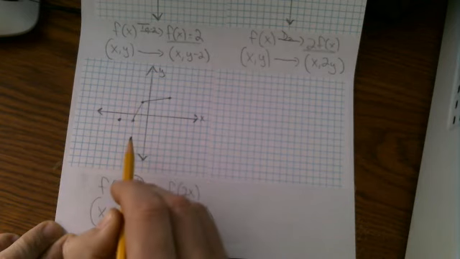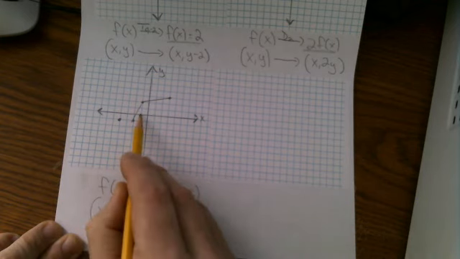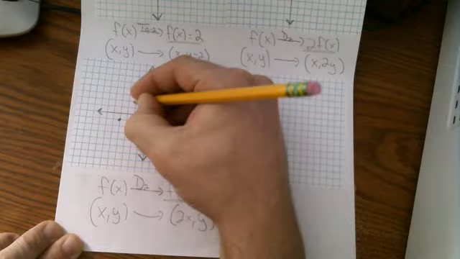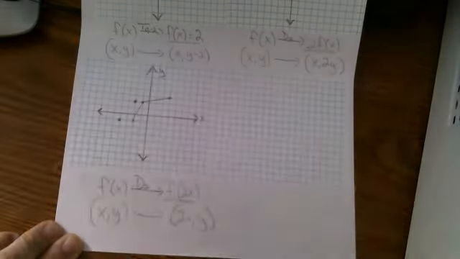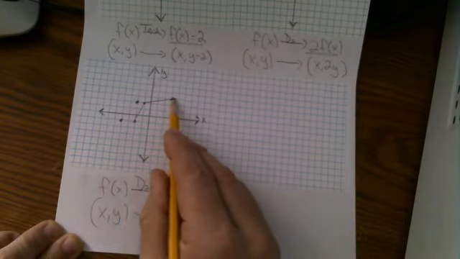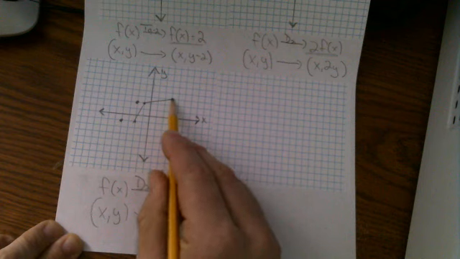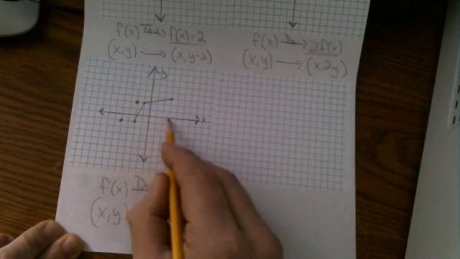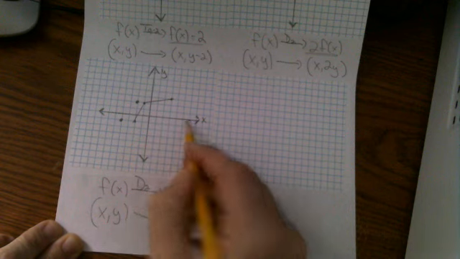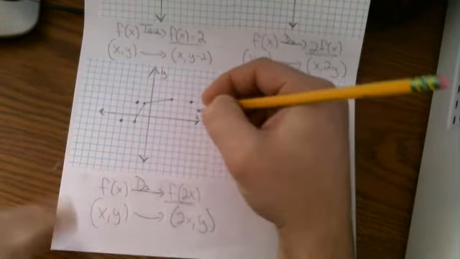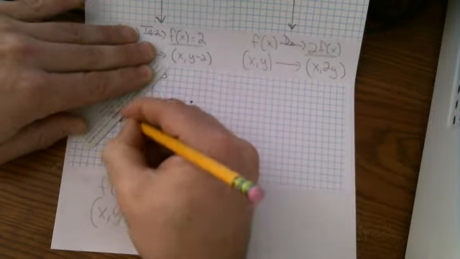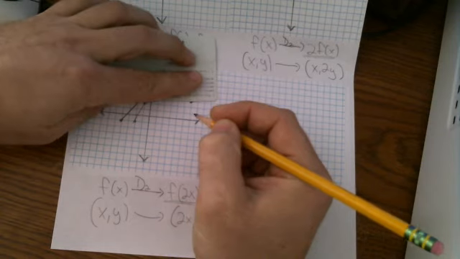Negative 1 times 2 is negative 2, same y value. This is the ordered pair 3, 3. The x value is 3, and 3 times 2 is 6, so my new x value is 6, and same y value. So here is my shape after a dilation factor of 2 in the x direction.